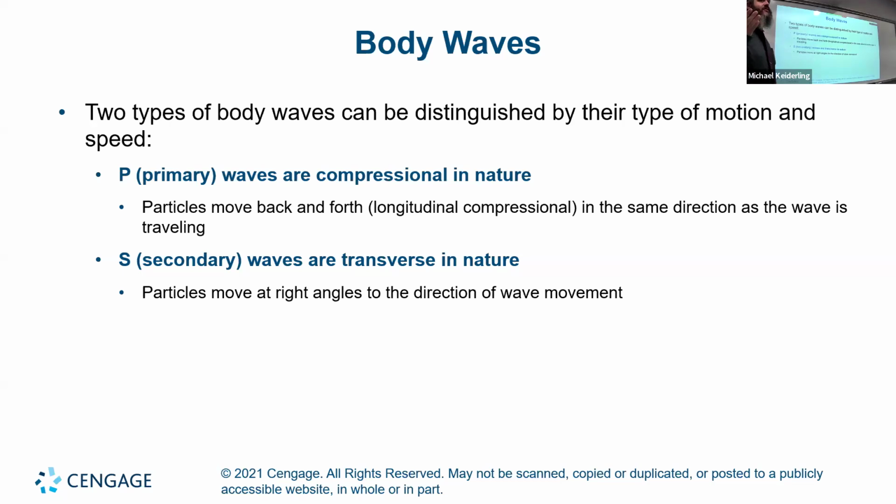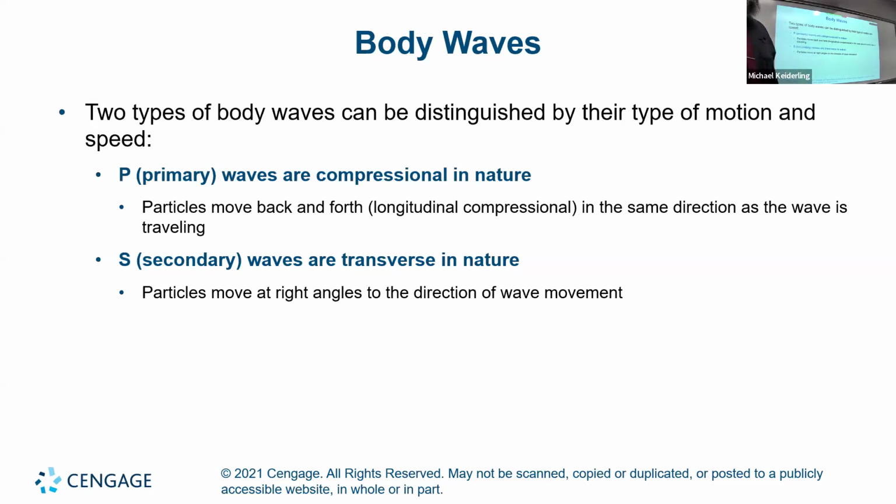This is much like sound. And the particles move back and forth longitudinally, or in the same direction as the wave is traveling. And they're also faster than secondary waves.